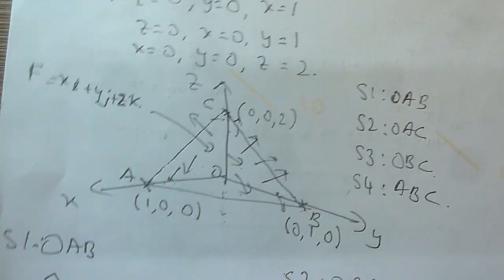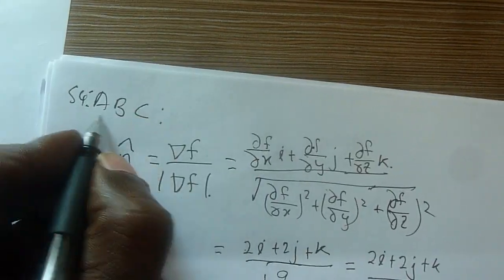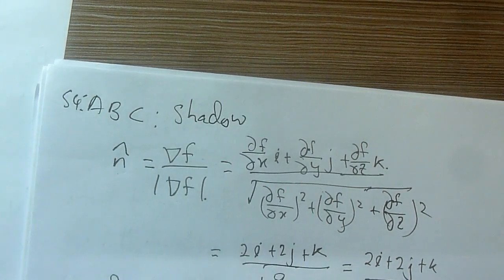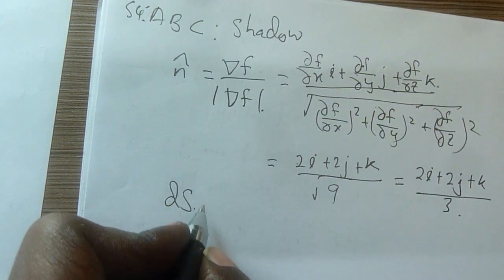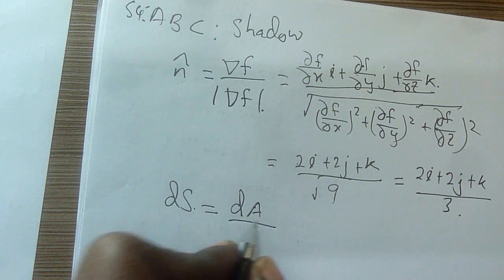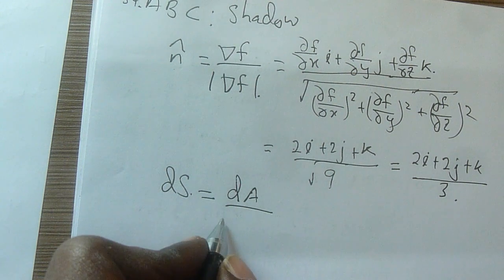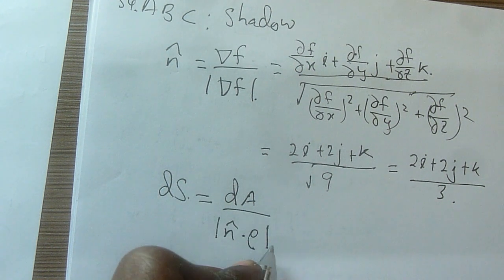For this particular case, shadow is the best and only solution. When you use shadow, you must use dA, which is where we are going to shadow. Later I will explain what we are going to shadow on.